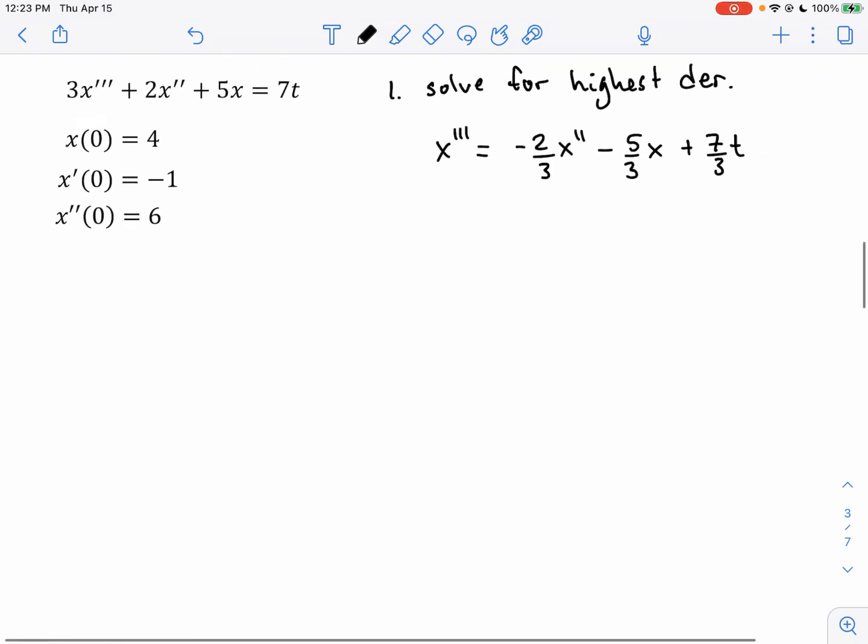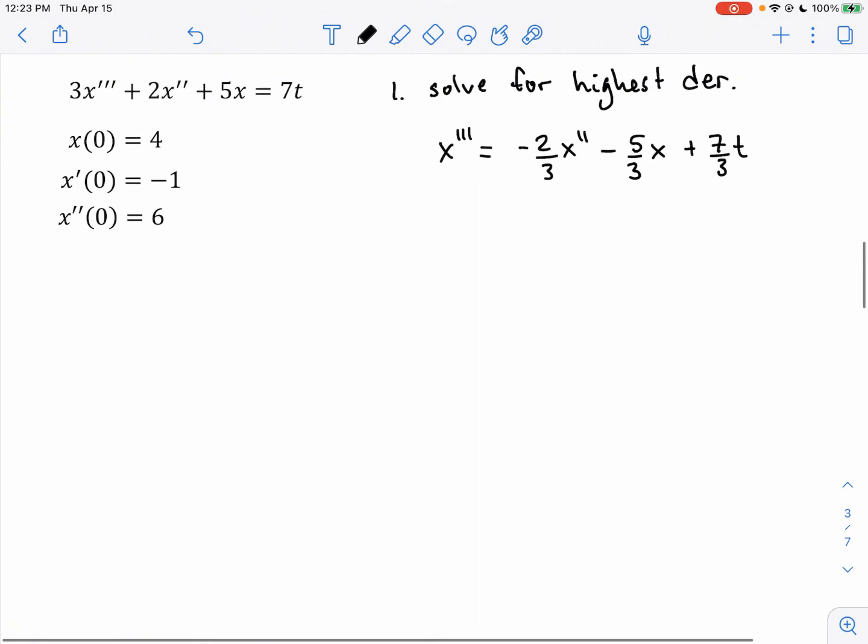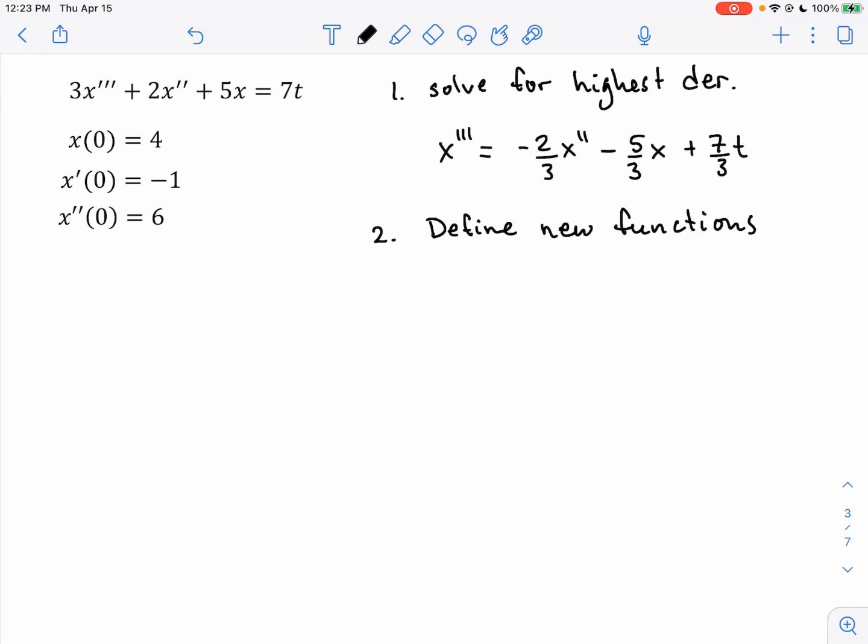That's our first step. The second step is going to be to define new functions. And because we have 3 derivatives, we're going to have to define 3 functions. We're going to turn this third order ODE into a 3-dimensional system of first order ODEs. And the way to do this is we're going to let any variable you want be x.